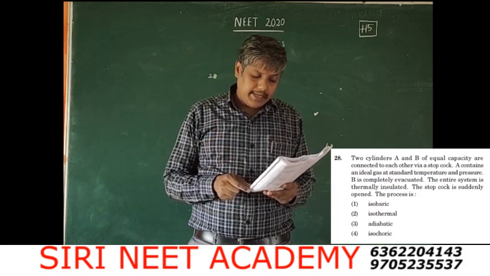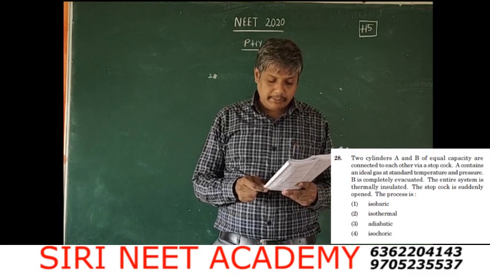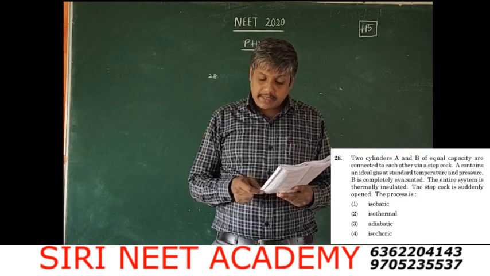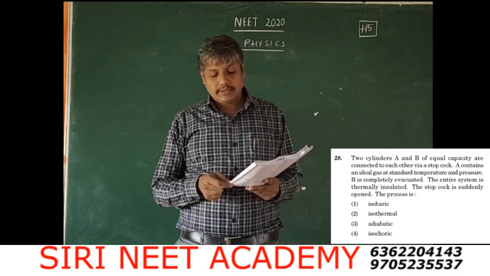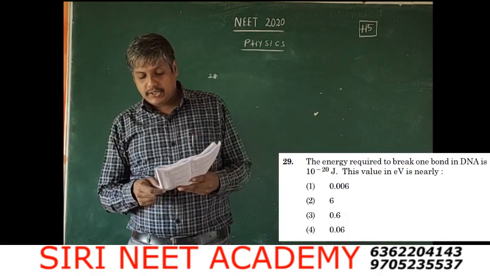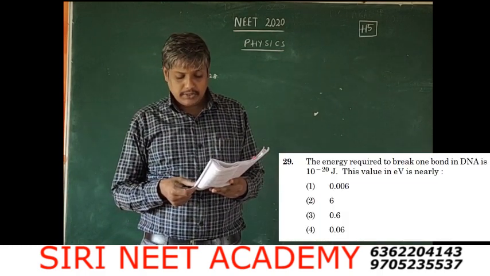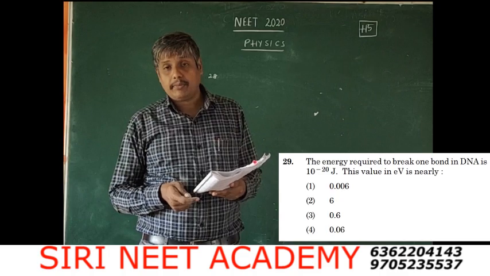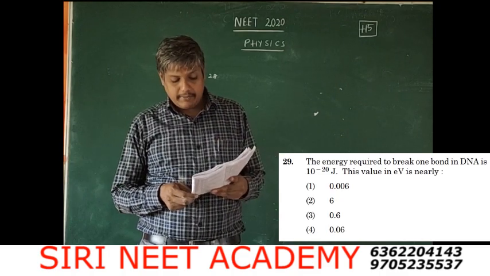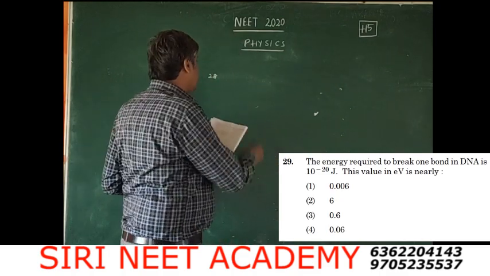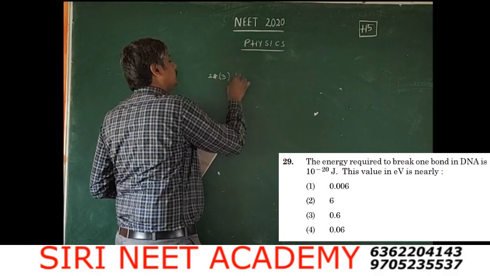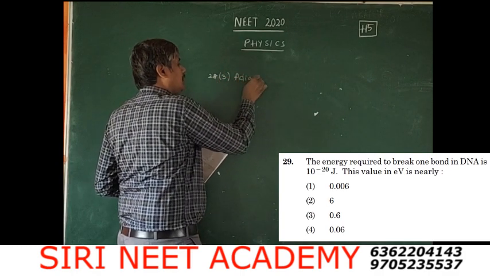A contains an ideal gas at standard temperature and pressure. B is completely vacuum. The entire process is thermally insulated. The stopcock is suddenly opened. The process is an adiabatic process. And the option is third, that is an adiabatic process.